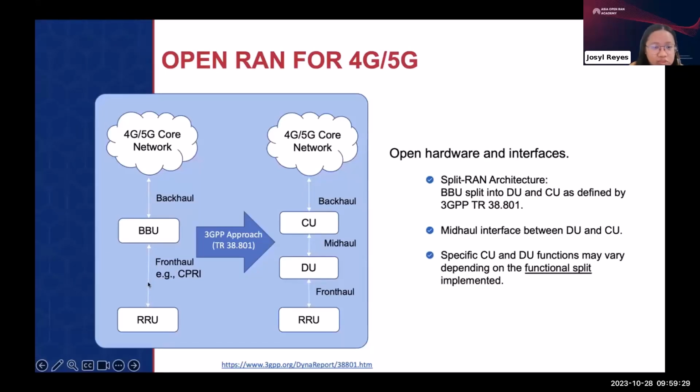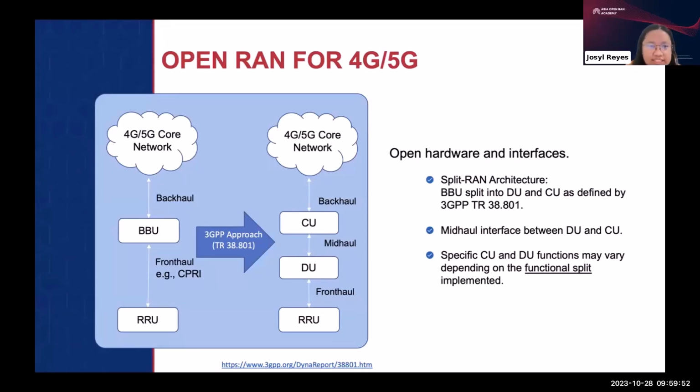One of the fronthaul interfaces is CPRI. Those three are proprietary. That is why ORAN came about later, to make it easier to make changes in the network, so the mobile network operator can modify it according to the use case. Perhaps in a particular service area, they can only accommodate an RRU.